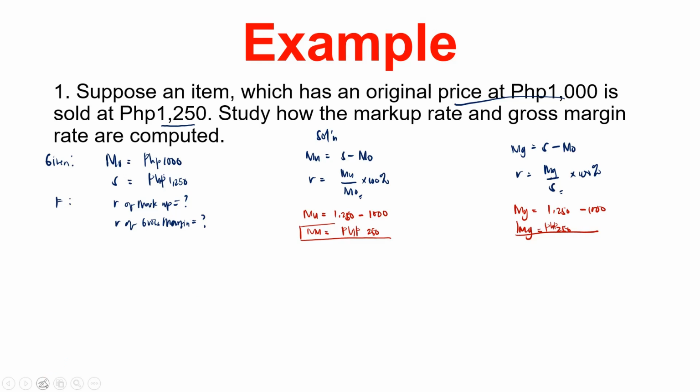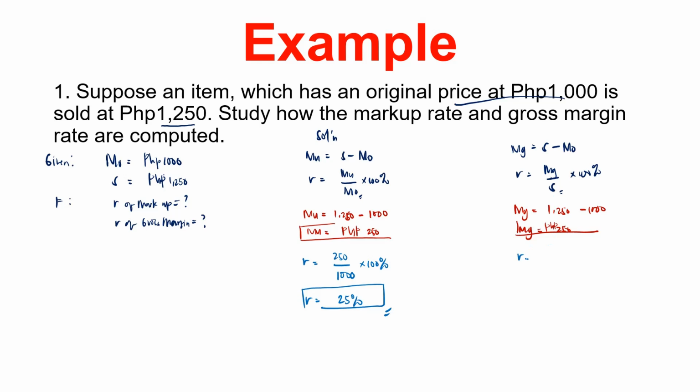Okay, next, we can get now the rate of the markup. So rate of the markup is equal to markup, which is 250, all over the cost price 1,000 times 100%. So if you're going to input that on your calculator, you will get 25%.